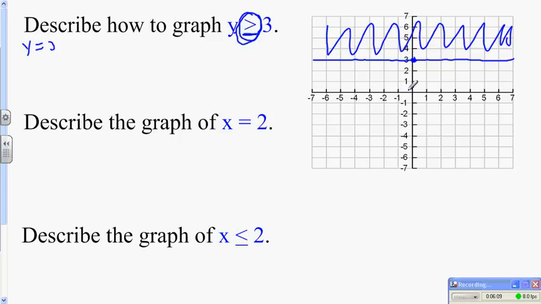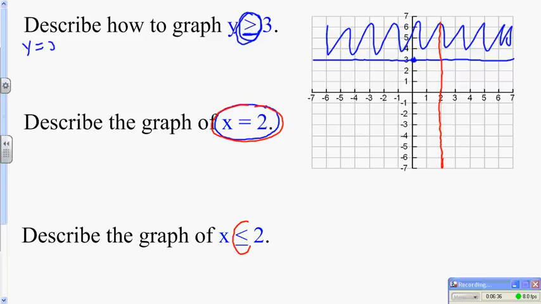Okay? Next one, x equals 2. Well, we've already talked about these as well. That happens to be a vertical line. Now the difference here in this one is that I'm done. It's equal to, so there's no shading necessary. It's just the line at 2.